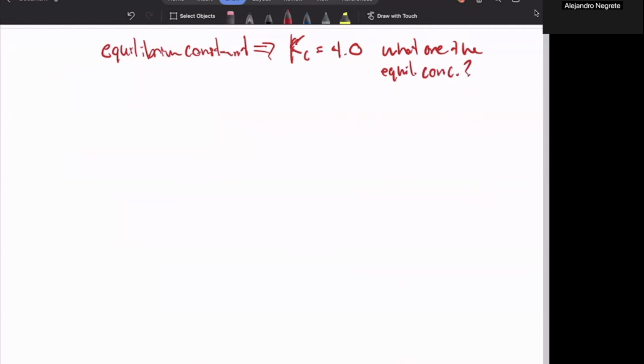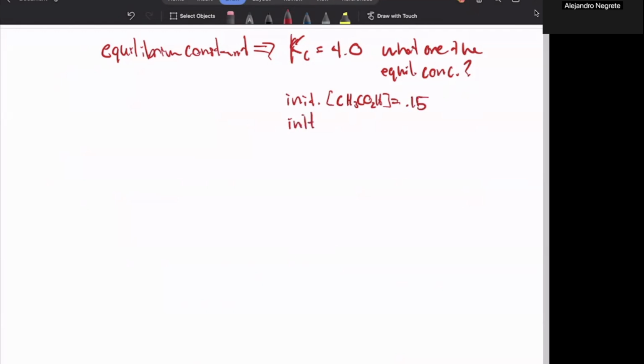So initially, we do have some initial concentrations. So the initial concentration of acetic acid looks like this, is equal to 0.15.